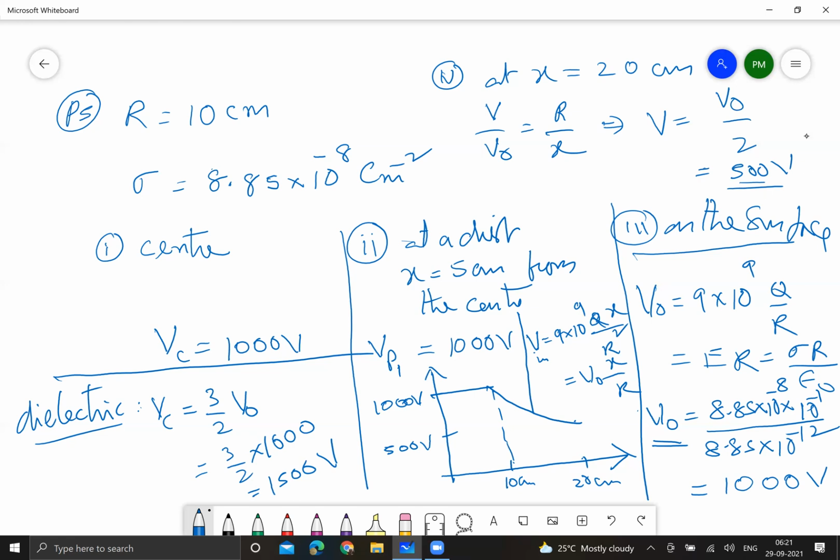Sir, that sphere, the charge is present only on the outside, no, sir? For a conductor. For a dielectric, charge is present everywhere.